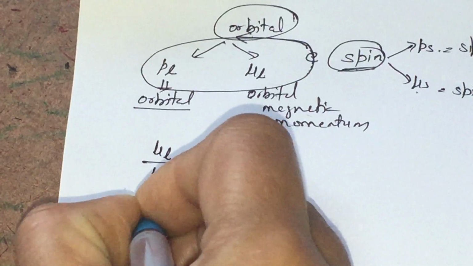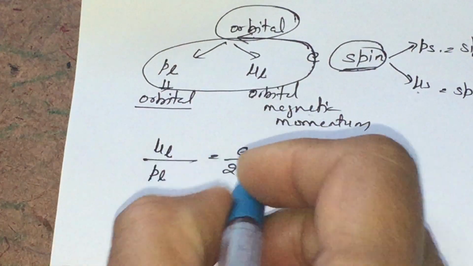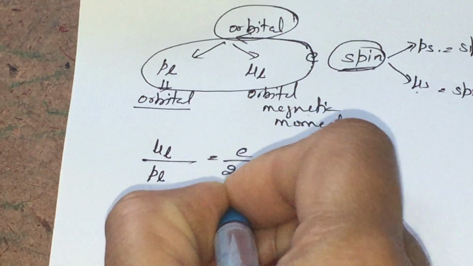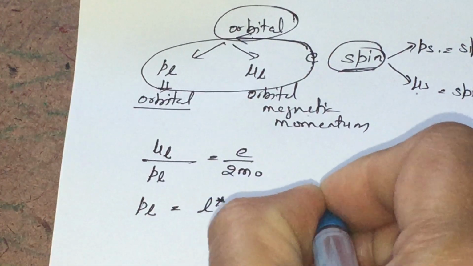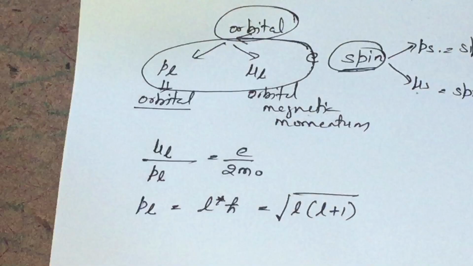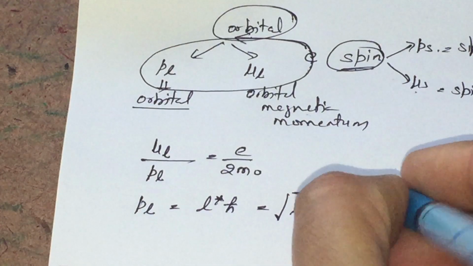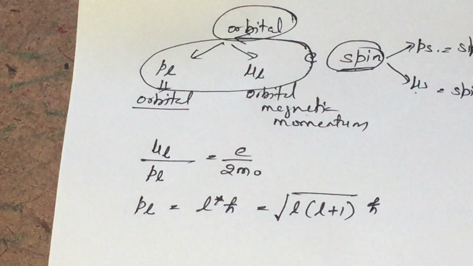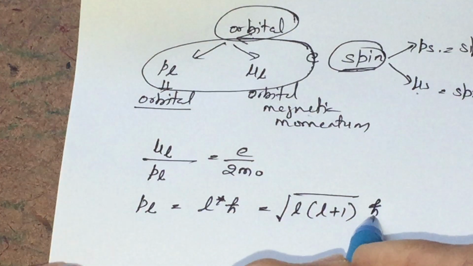In quantum mechanics, the orbital angular momentum is given by L star h cross, where L depends upon the orbital quantum number L, and h cross is Planck's constant divided by 2 pi, a constant quantity.